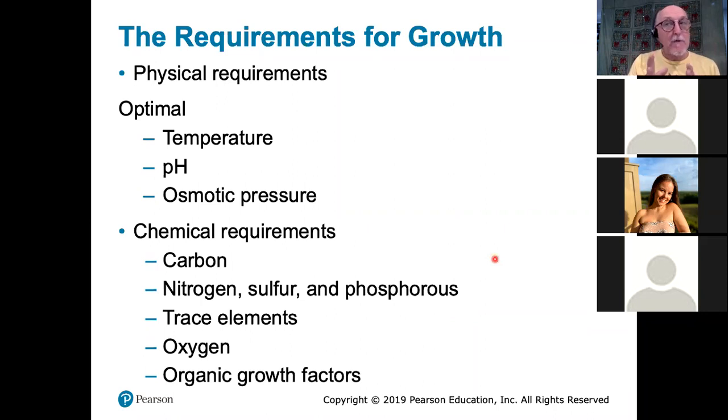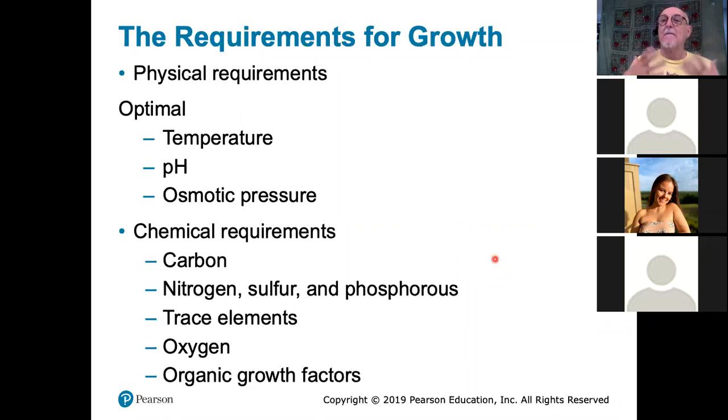And especially when we talk about prokaryotes, there are many different kinds of prokaryotes, and they are adapted to many, many different environments. Some of them extreme environments, extremely hot, extremely acid.